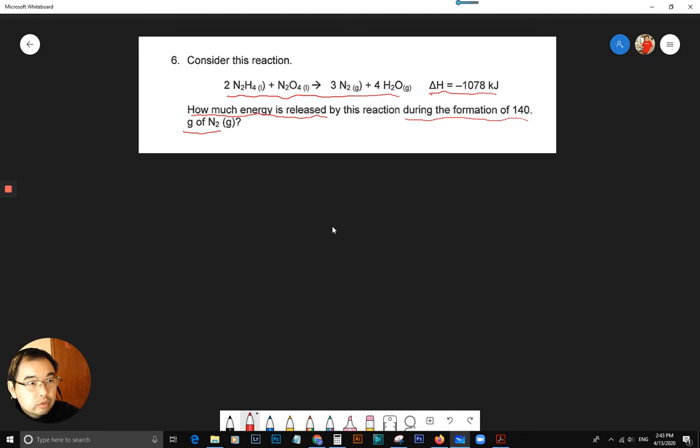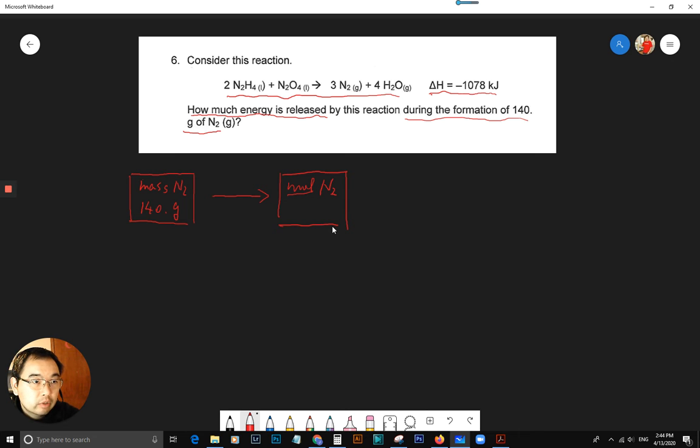Okay, so let's think about this question. You probably need to think about this question in two steps. First, we need to convert the mass of the nitrogen, which here is 140 gram, into the mole of the nitrogen, because all the stoichiometry questions in chemical reactions are based on the mole, not the gram.